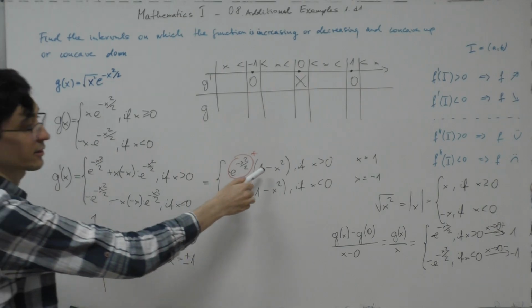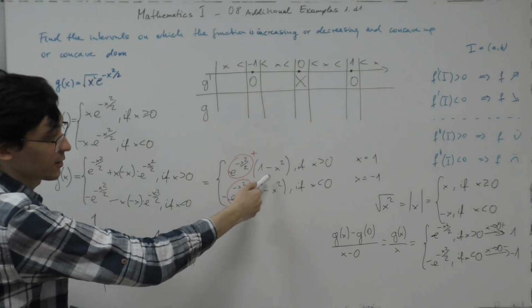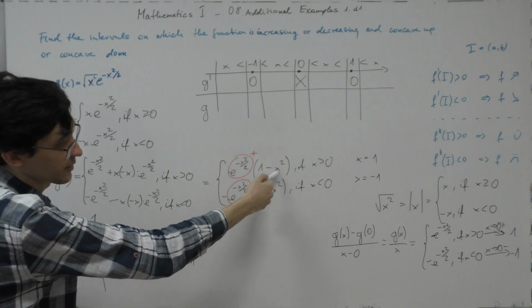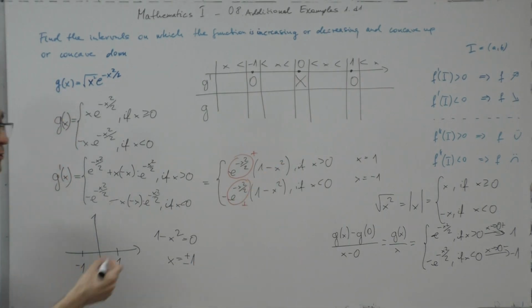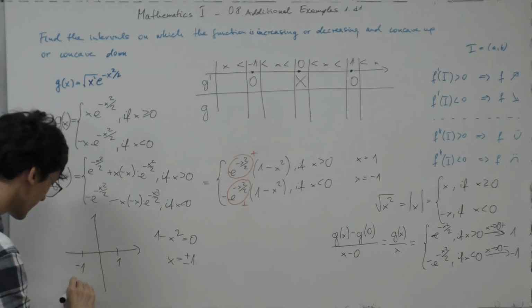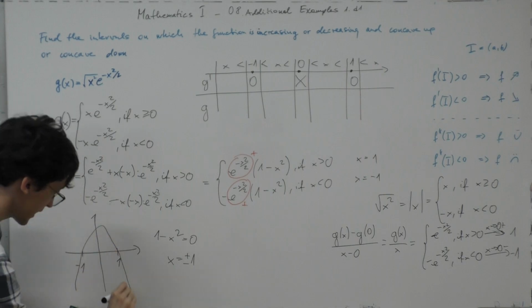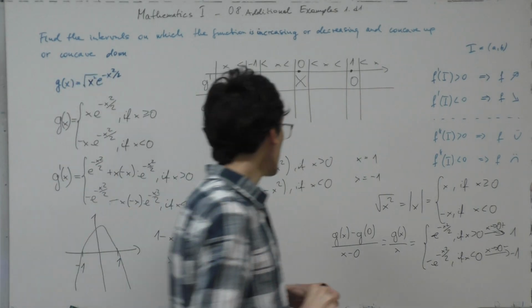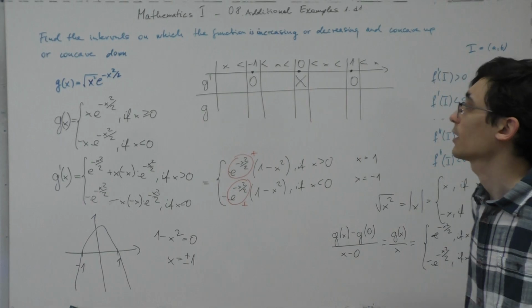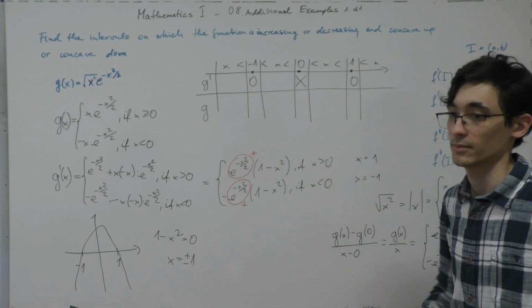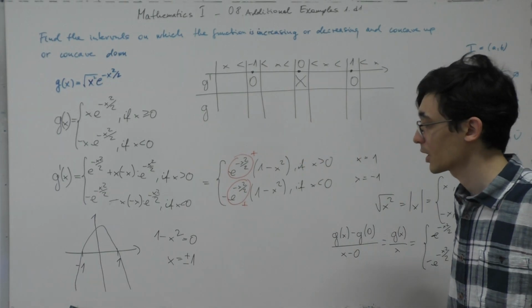And we can see that this is a second degree polynomial, and it has negative x squared. So it will be a depressed parabola, looking something like this. And now we have everything to find our signs in the table.